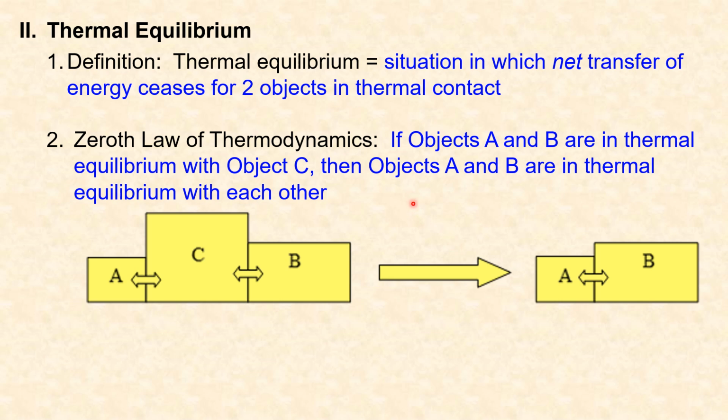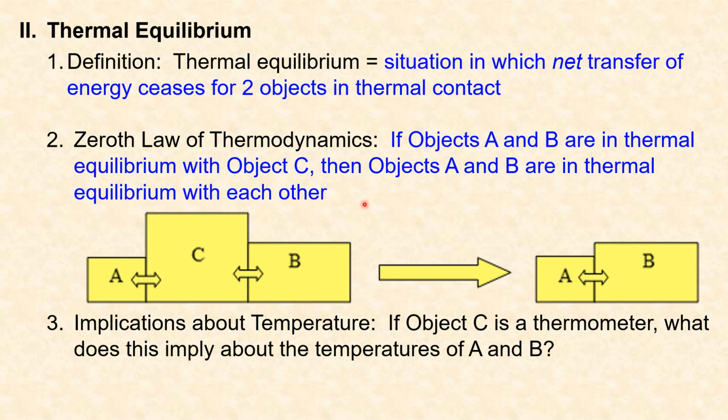So thinking about that, what are the implications about temperature if object C just so happens to be a thermometer? What does that imply about the temperatures of A and B? Well, let's solicit a little bit of help from our smart thermometer here, Theo. See what he has to say.